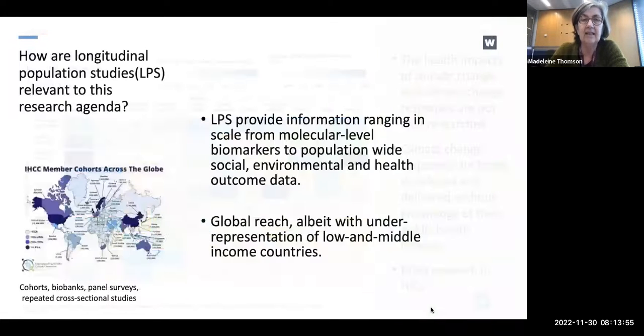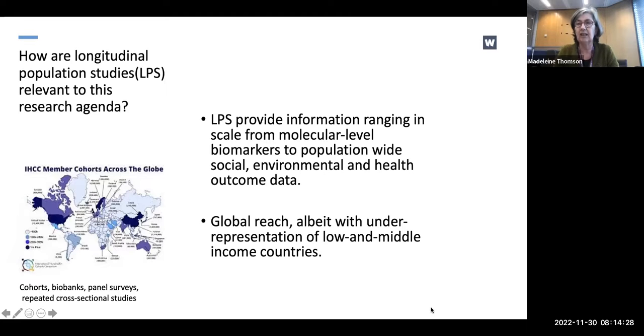And this is something that I think the longitudinal population studies are potentially highly relevant to developing this research agenda. In part because, of course, the longitudinal population studies provide information ranging in scale from the molecular level, biomarkers, to population-wide social, environmental, and health outcome data. And of course, there's a global reach for many of these studies, although it's somewhat underrepresented in lower and middle income countries.